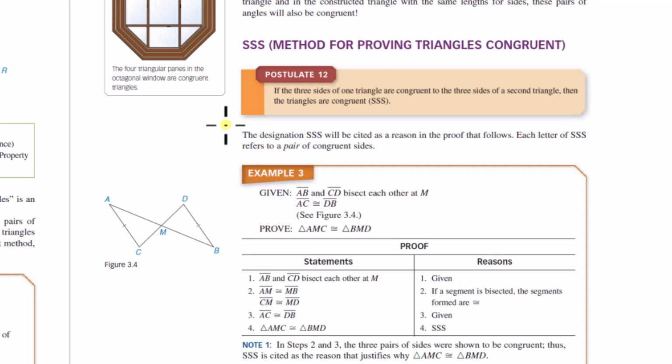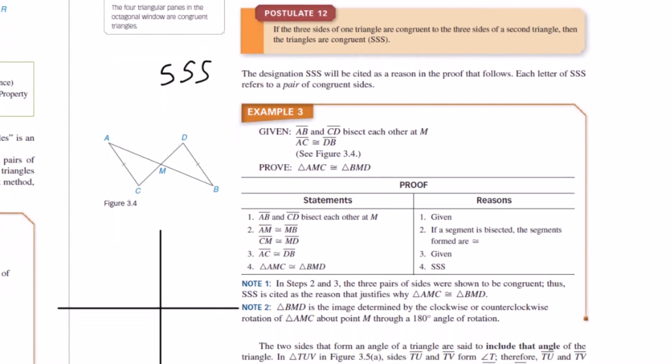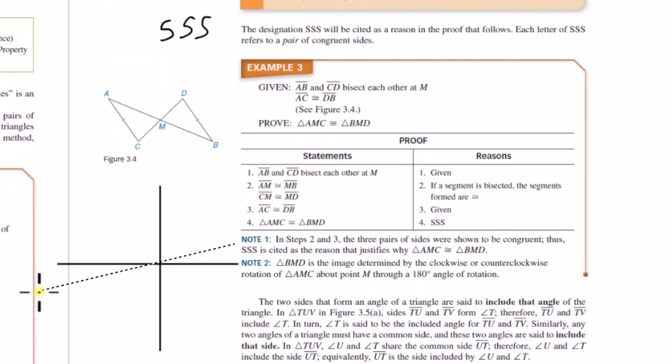Okay, so this is the first criteria that we're going to talk about as far as proving congruence of triangles, the side criteria, SSS. If you have two triangles that might look different in terms of their orientation in 3D space, right? We could take 3D space, and you could put a triangle over here, and then one maybe out here.